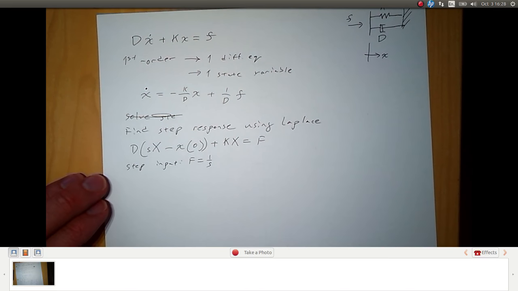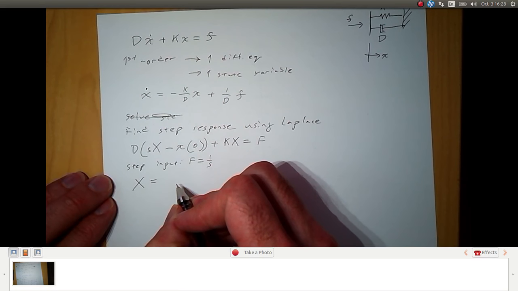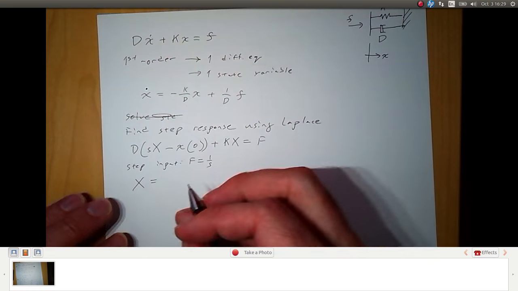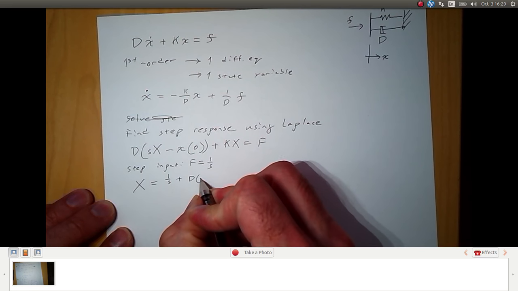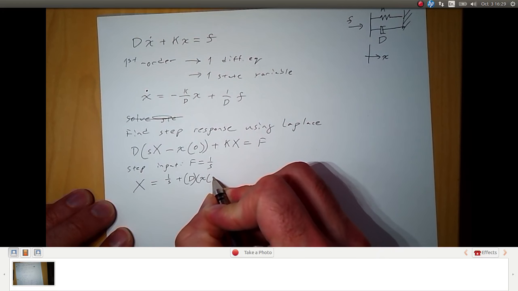So now we can rearrange and take the inverse Laplace transform. Solving for X, we get an expression over s plus k over d times the initial condition.